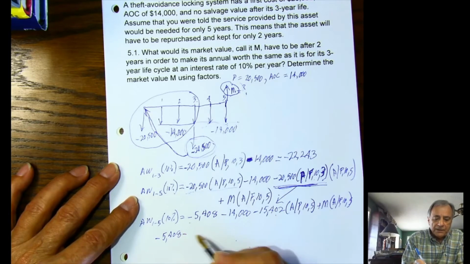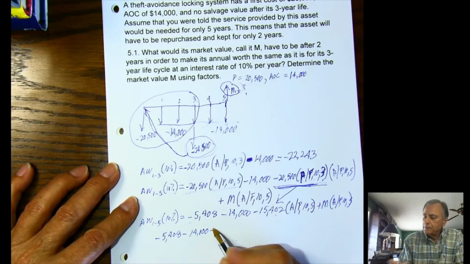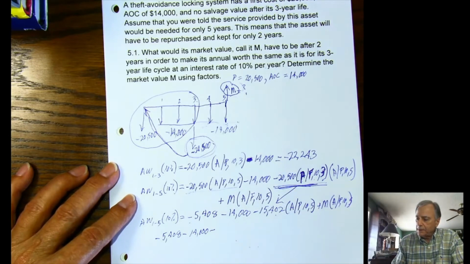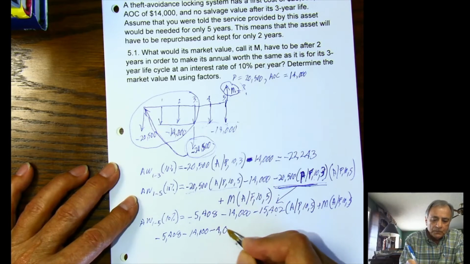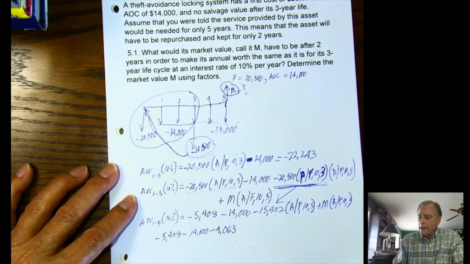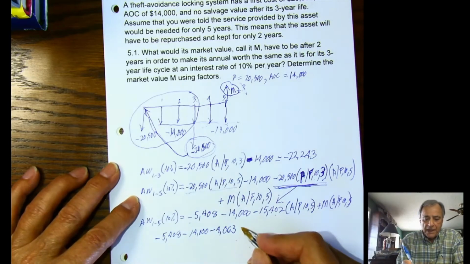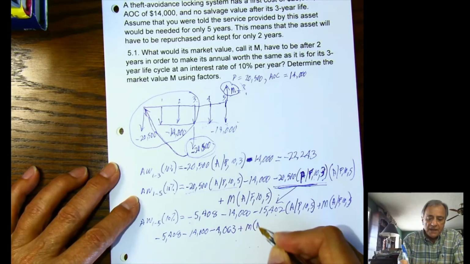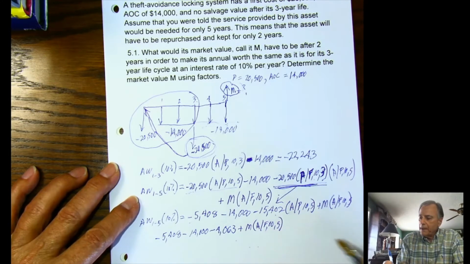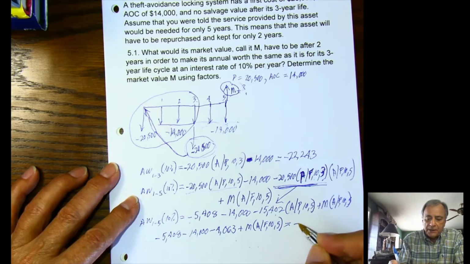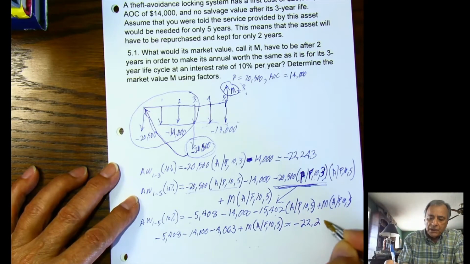5,408 minus 14,000 minus the product of this and this is 4,063. And then I'll have the M times A given F, 10% for 5 periods, and I'm going to set that equal to minus 22,243.